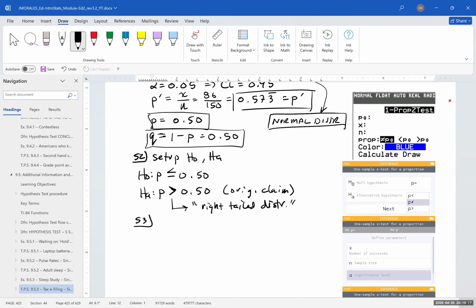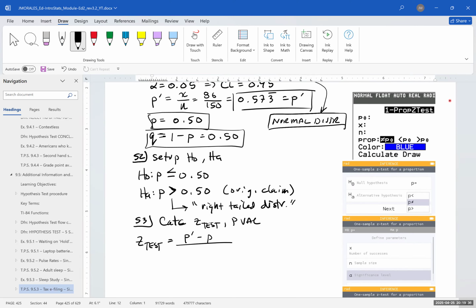So moving on to step three, this is to calculate our z-test statistic and p-value. And if we were going to do that manually, we'd use this formula.